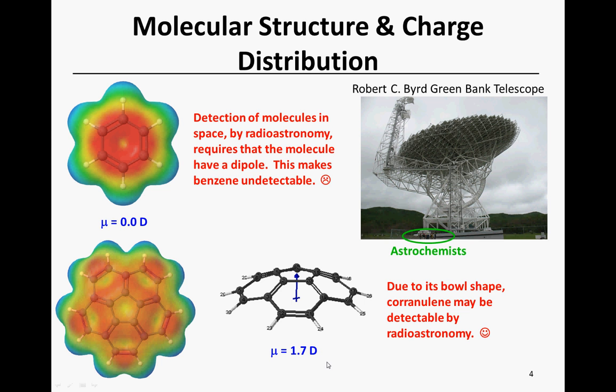So this molecule is a prime candidate for detection by radio astronomy, which would be really exciting because right now there are only a couple of very small aromatic molecules like cyclopropenylidene that are known in the interstellar medium, and there's only about 170 molecules in total, and it'd be great to start adding some organic aromatic species to that list.